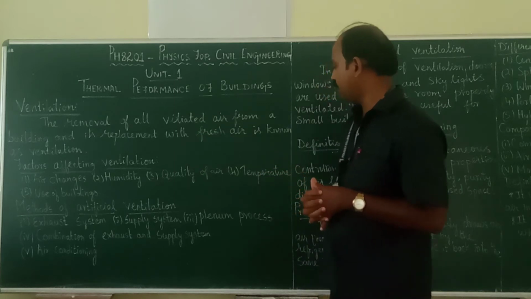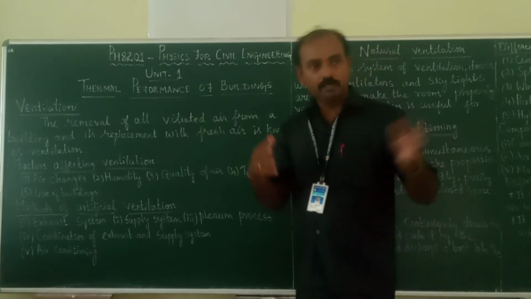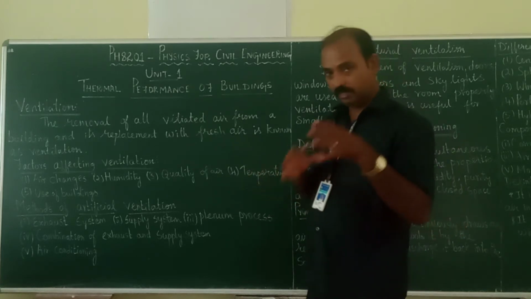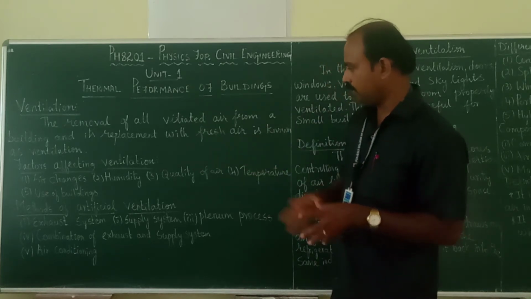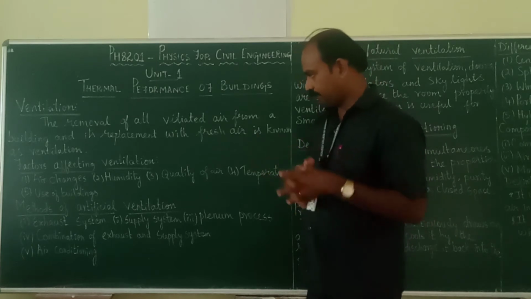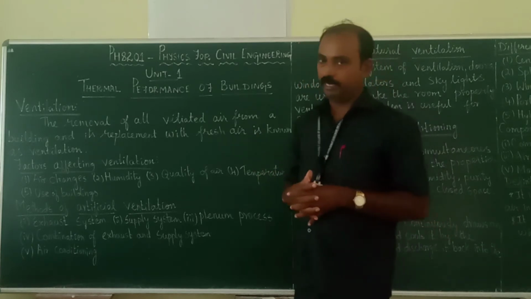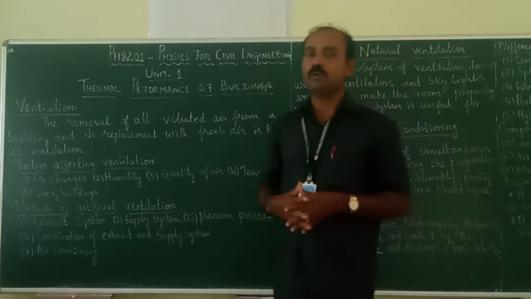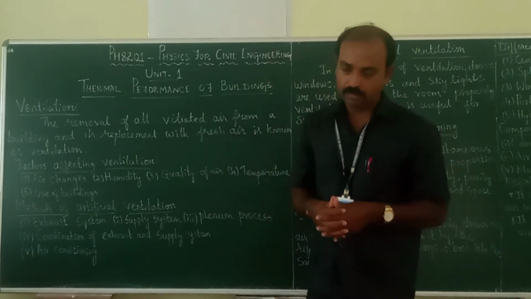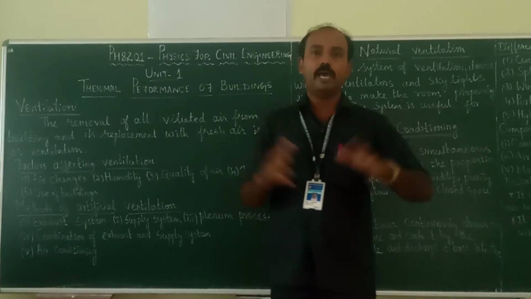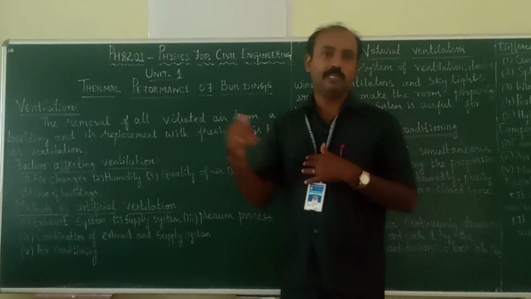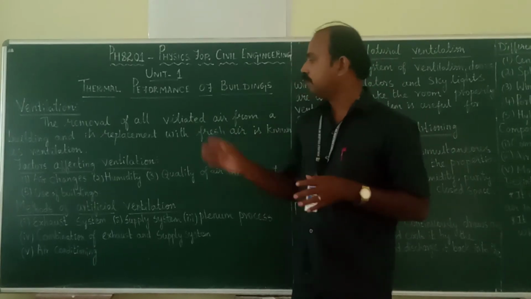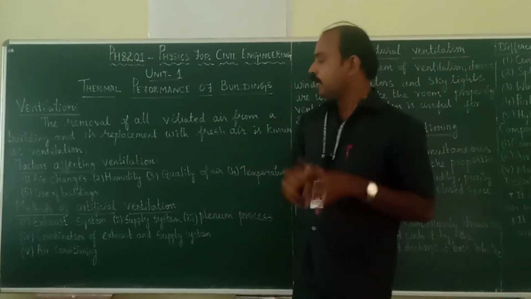Temperature: the temperature inside and outside the building also affects ventilation. Then uses of building. If the building has more occupants, automatically the air is going to become unhealthy after some time. So these are the factors that affect the ventilation process.